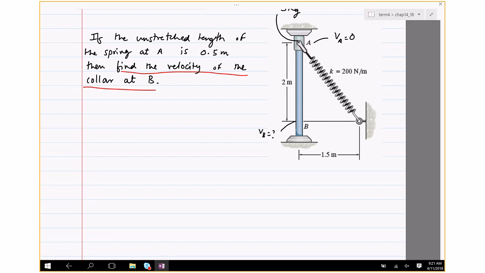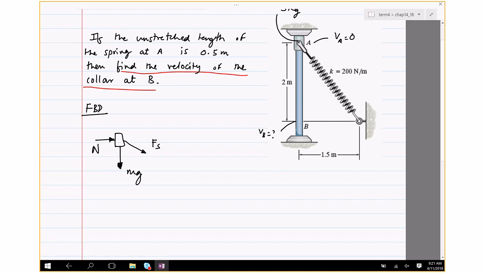So let me just draw the free body diagram for the sake of it. FBD. Since the spring is stretched, it will apply a force such that it will try to unstretch, so the force is going to be in the direction I've shown there. F spring, mg, and since this is sliding on a slider, the slider is applying a normal force.